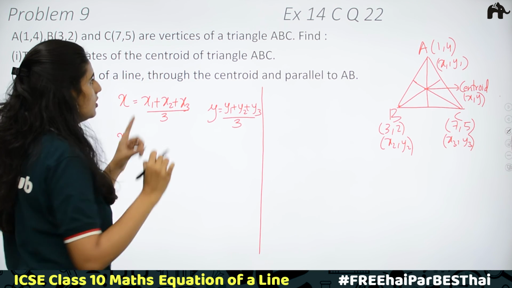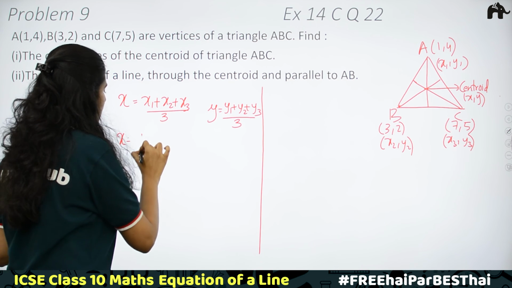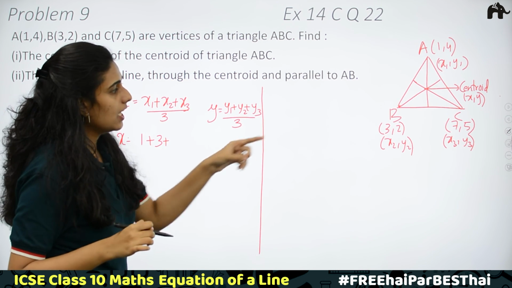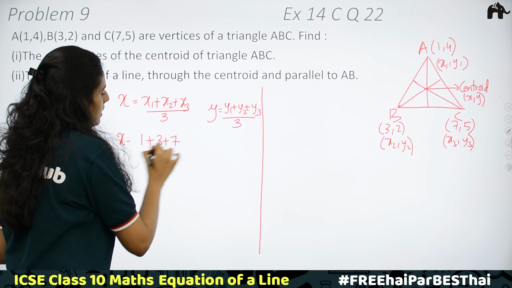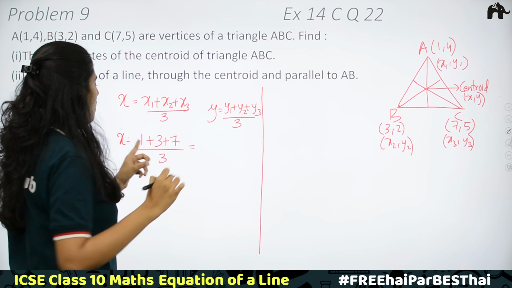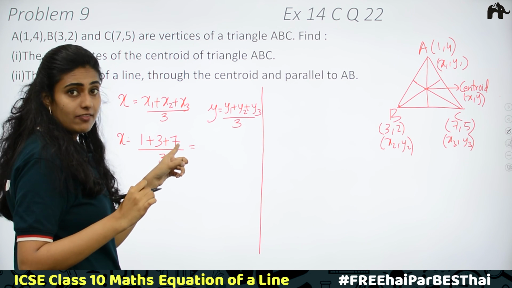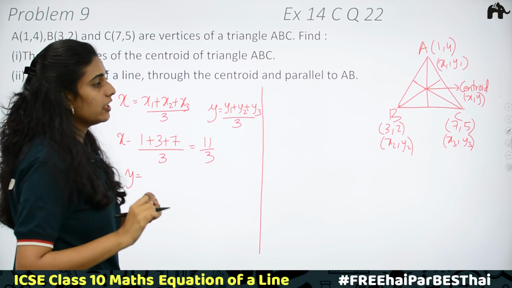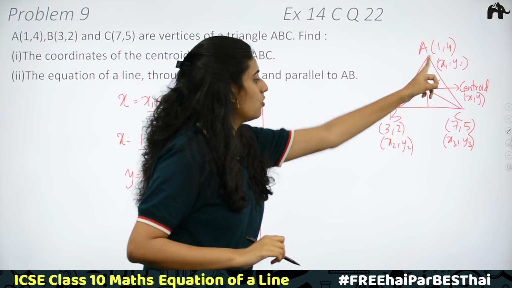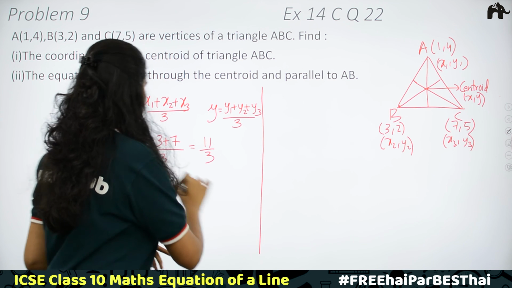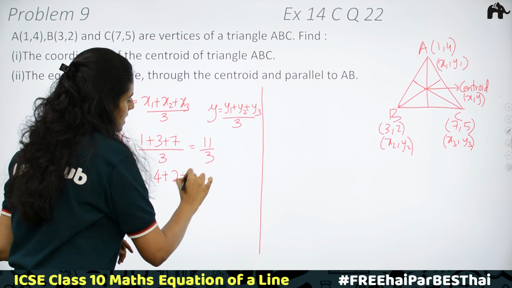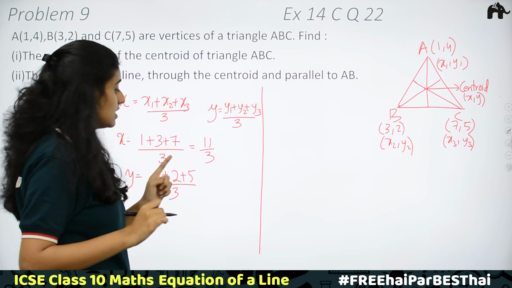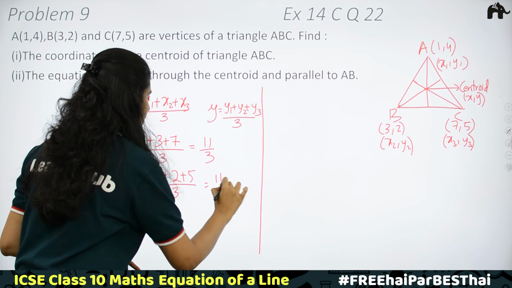Now we will find x and y values. x is equal to, x1 is 1, x2 is 3, plus x3 is 7, divided by 3. 1 plus 3 is 4, 4 plus 7 is 11, so 11 by 3. And y is equal to, y coordinates, here we have 4 plus 2 plus 5 divided by 3. 4 plus 2 is 6, 6 plus 5 is 11, 11 by 3.